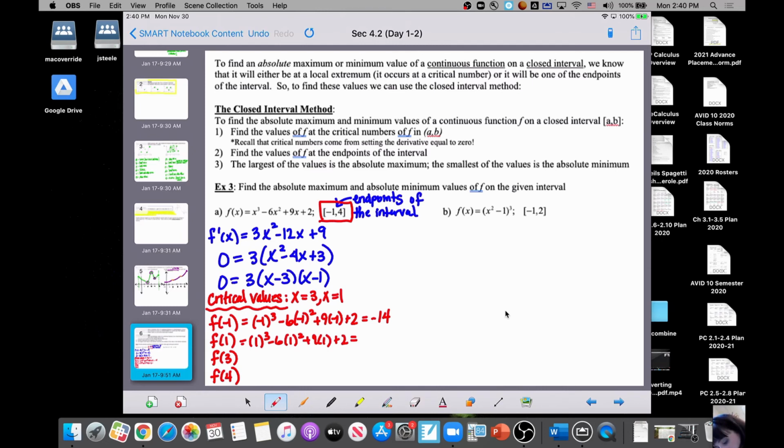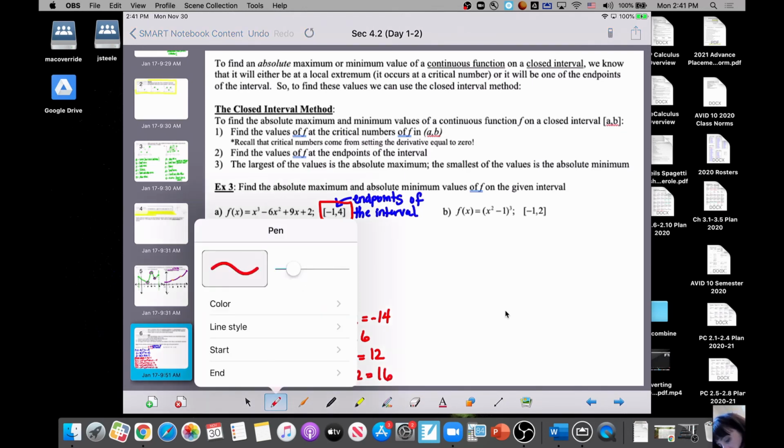You do the math and you get 6. Next, we plug in 3. 3 cubed minus 6 times 3 squared plus 9 times 3 plus 2. We get 12. And then finally, when we plug in 4, 4 cubed minus 6 times 4 squared plus 9 times 4 plus 2 gives me an answer of 16.